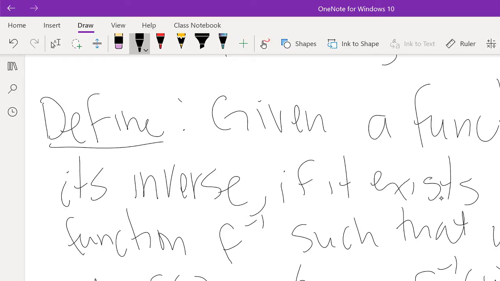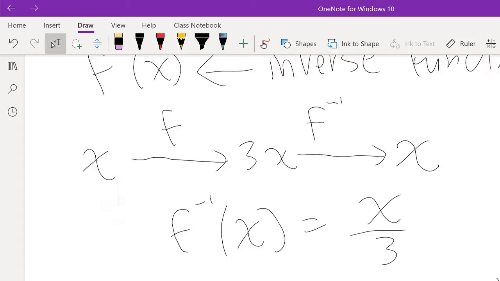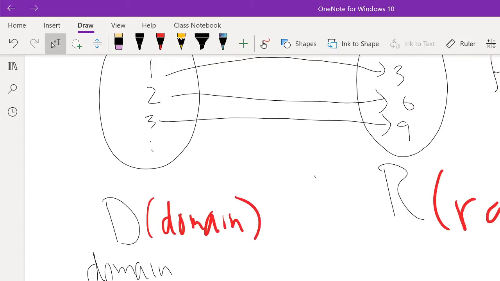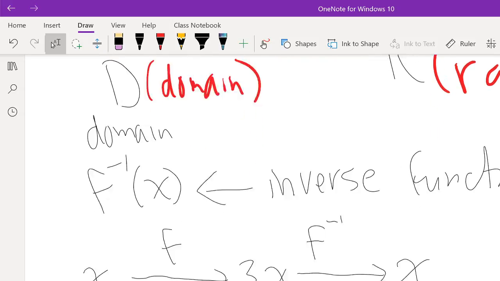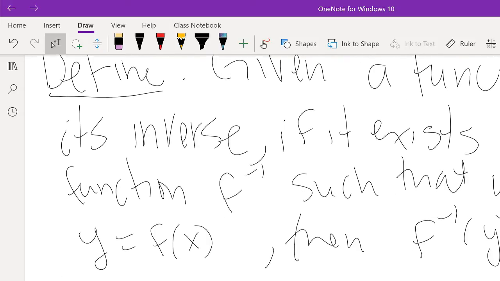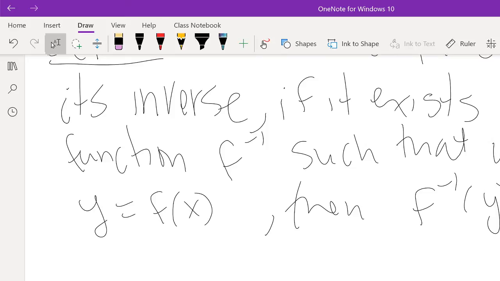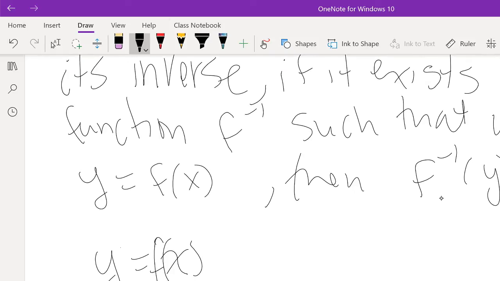It's just putting more formally the operations that we did above, going from some set D into some set R. If we think of our initial function y equals f of x, x is some element in a set D, and the set D is the domain.